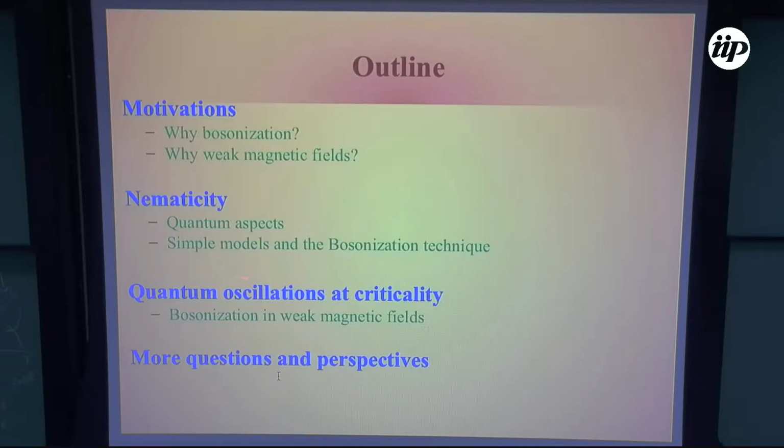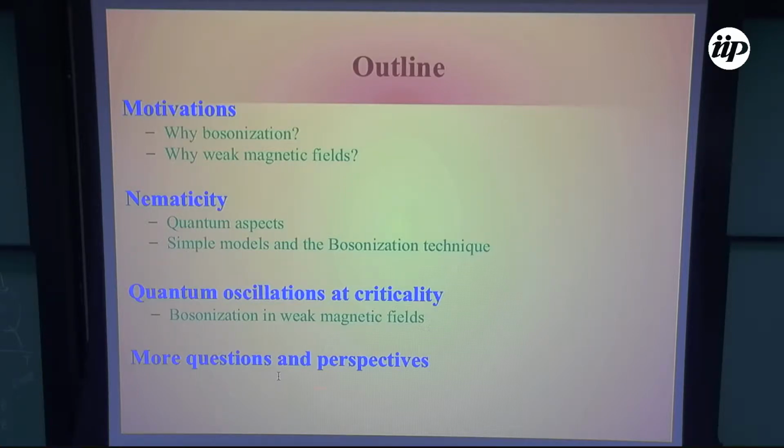First, I will give you a brief idea of what nematicity is, what the electron-nematic or fermion-nematic phase means, and how to detect the Fermi surface in this state, essentially through experiments on quantum oscillations.